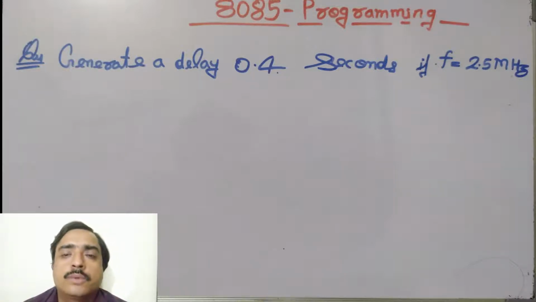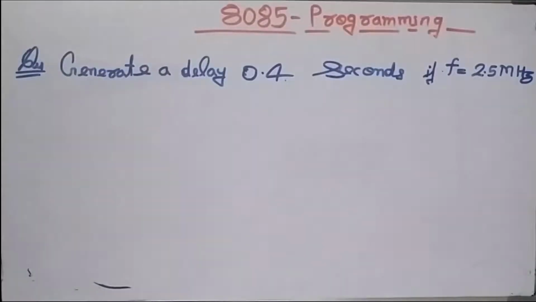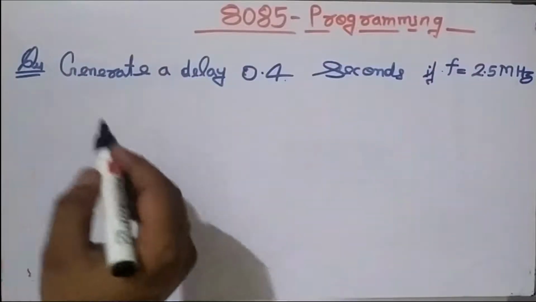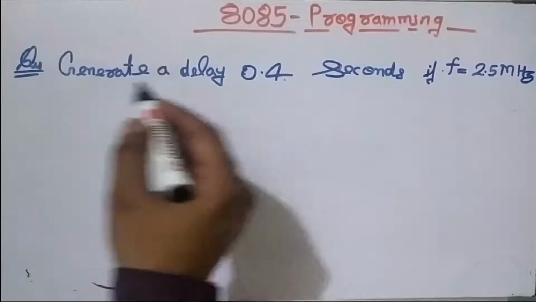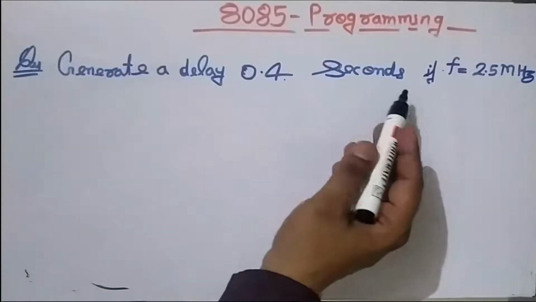Okay, now we proceed with the 16-bit delay counter to solve this question. Now we will write a program to generate a delay of 0.4 second if f equals 2.5 megahertz.